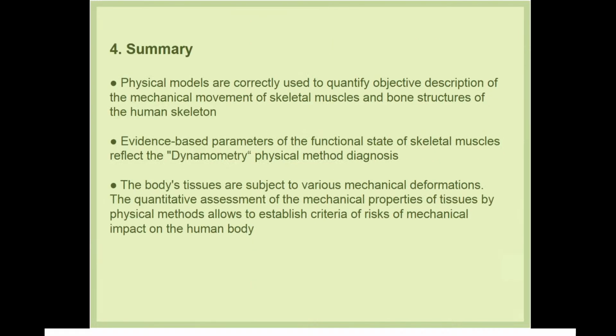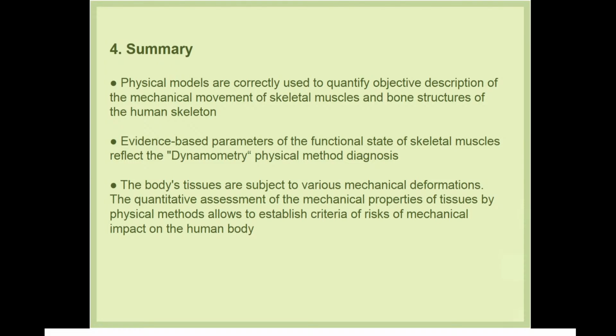And look, the summary of today's lecture is this. Physical models are correctly used to quantify the objective description of the mechanical movement of skeletal muscles and bone structures of the human skeleton.